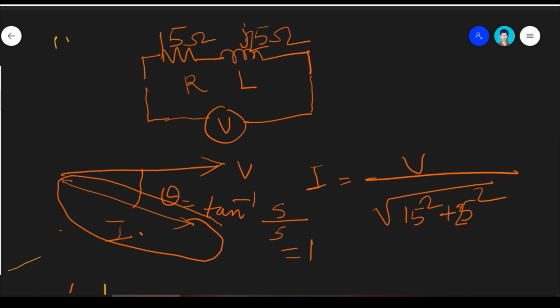as long as both of them are changing at a constant rate. But when there is a disparity, like here, our resistance value has changed from 5 ohm to 15 ohm and inductor value has changed from 5 ohm to 25 ohm.